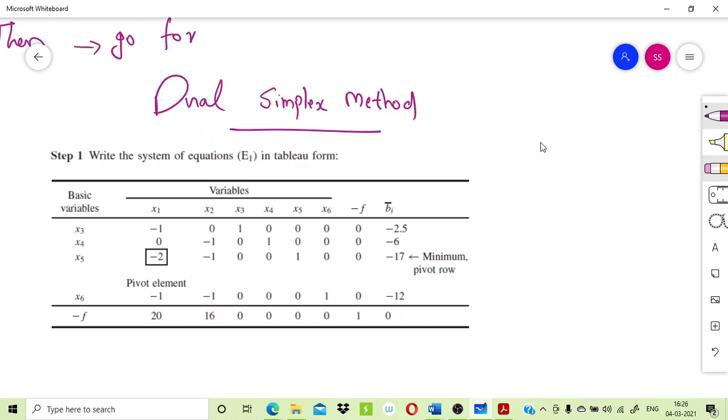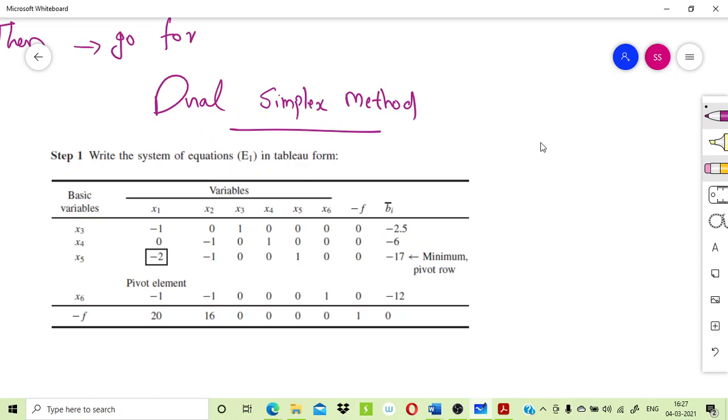First of all, we will consider the constraints. We have got 5 constraints. For the first constraint, the coefficient of x1 is -1, x2 is 0, x3 is 1, and x4, x5, x6 are 0, and the minus f coefficient is also 0.